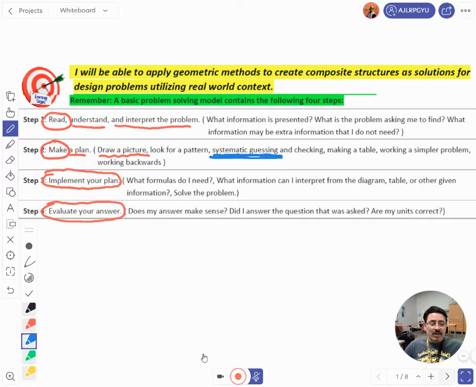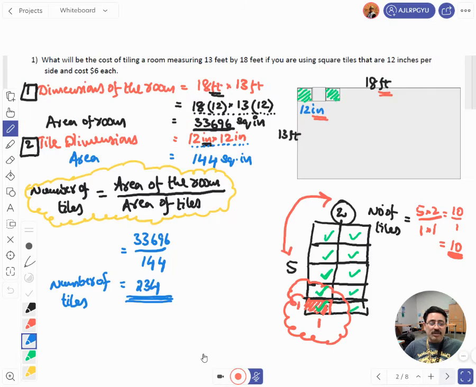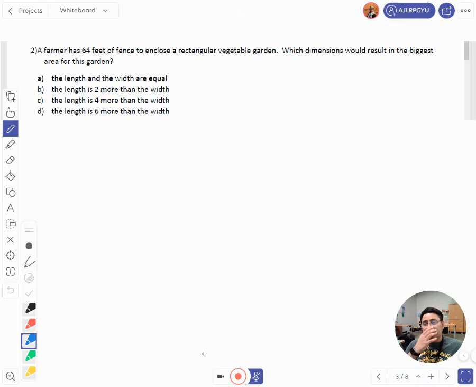In this particular question, a farmer has 64 feet of fence to enclose a rectangular vegetable garden. So there is a rectangular vegetable garden. I don't know either of these two values.